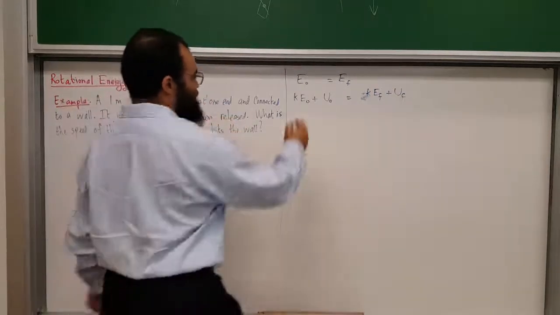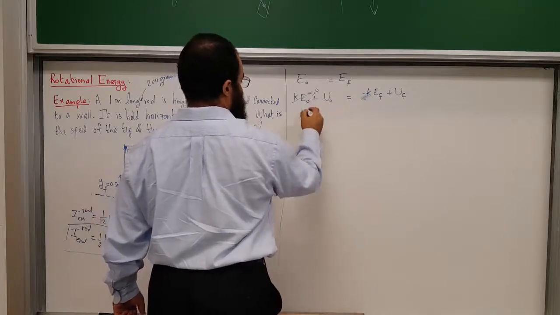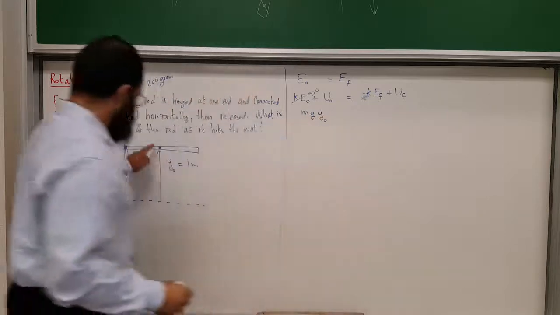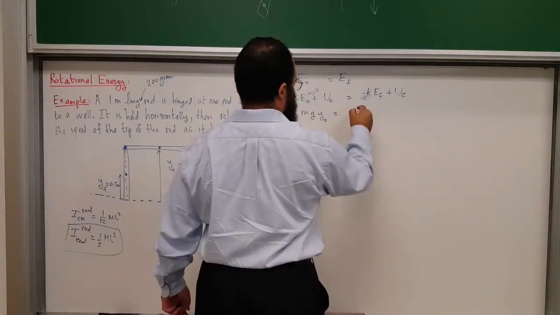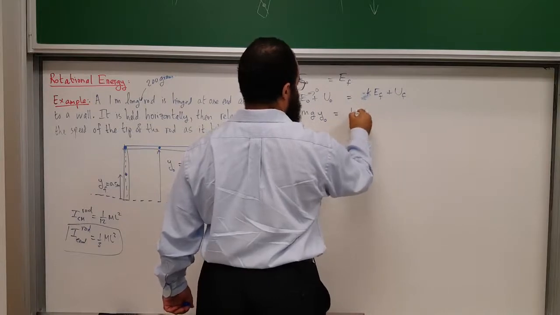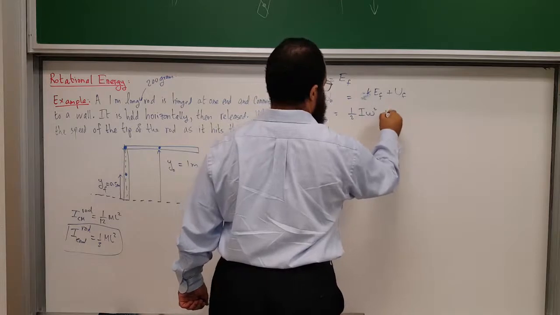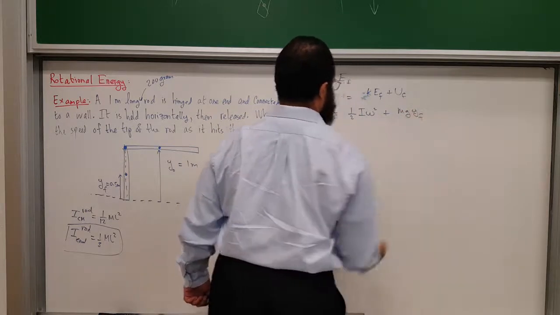At the beginning there was no motion, so the kinetic energy is 0. There was potential energy, so that's mgy initial. At the end, the kinetic energy is all rotational, 1/2 I omega squared. And at the end, the potential energy was mg y final.